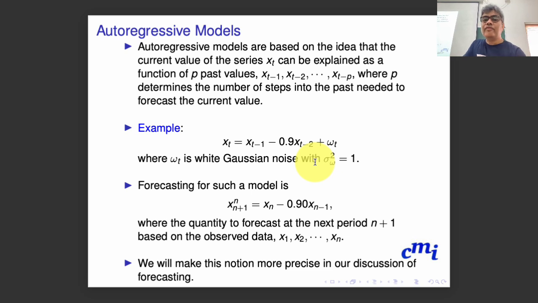If I have to forecast with such a model, then the n plus 1th term will be simply xn minus 0.9 xn minus 1, based on the observed x1, x2, up to xn. So I can use this model to forecast xn plus 1.